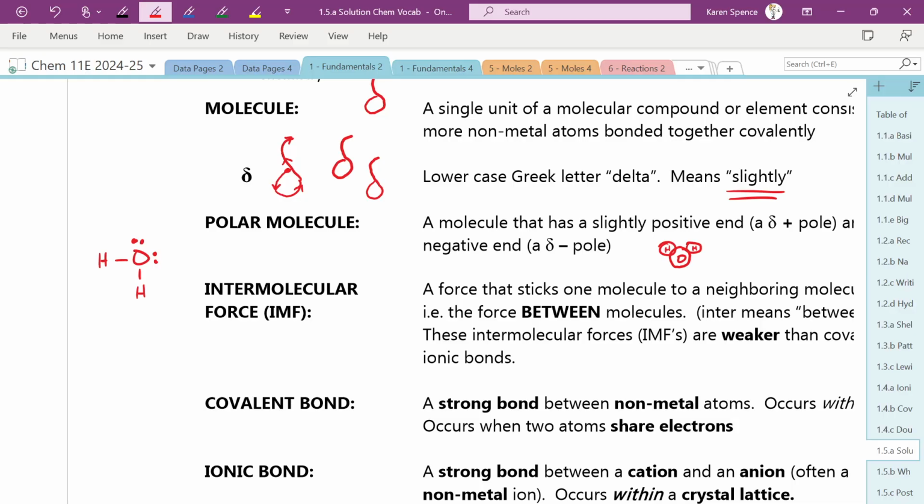Hydrogen is slightly more positive. The hydrogen is slightly more positive and the oxygen is slightly more negative. And if you see, the oxygen has these lone pairs on the one end. So that makes our oxygen slightly negative and our hydrogens are slightly positive, which means that the hydrogen end is positive and the oxygen end is negative.